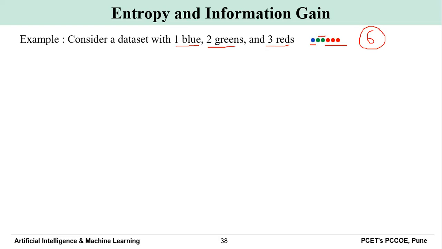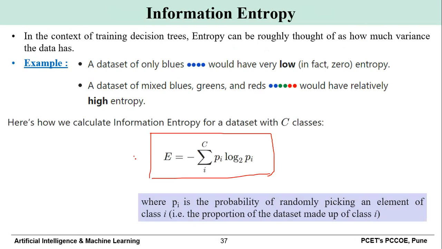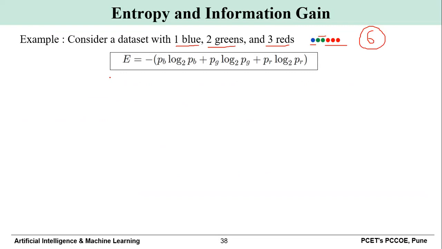So this information is given to us, and the formula that we discussed to estimate the entropy, we are just using that formula. So the first part is the entropy for the blue color dot, the entropy for the green color dot, and the entropy for the red color dot.